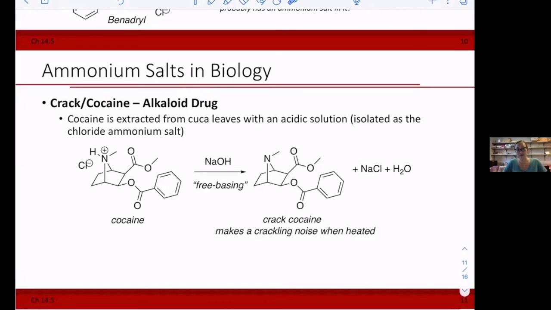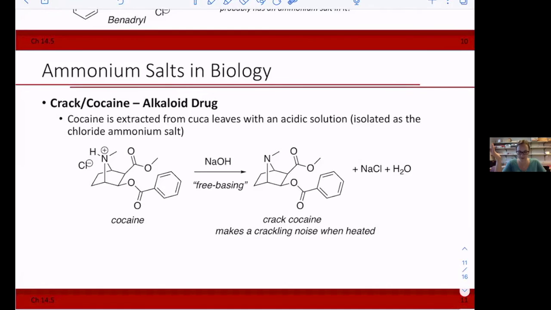What they'll actually do is use baking soda, which is also a base. It bubbles a bunch and makes that crackling noise, and then it will solidify on the top, and they flick off the solid, which is the base that they don't want, and then they're left with the crack that they can inject into their bloodstream or whatever they do.